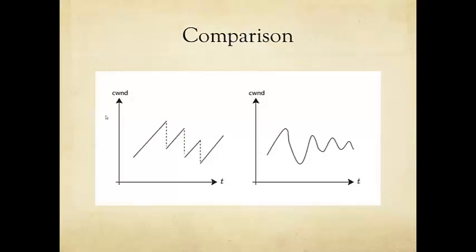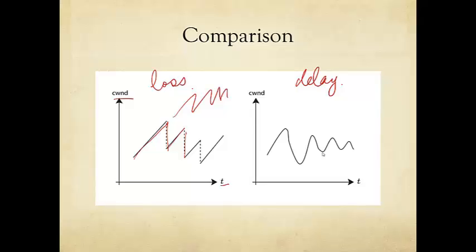So if we compare these two different philosophies, this is loss-based, this is delay-based. Typical chart you will see of congestion window over time t. For loss-based, it will linearly increase, then it will have a sharp drop, multiplicative decrease, linearly increase, sharp drop. So you see the zigzags going on.